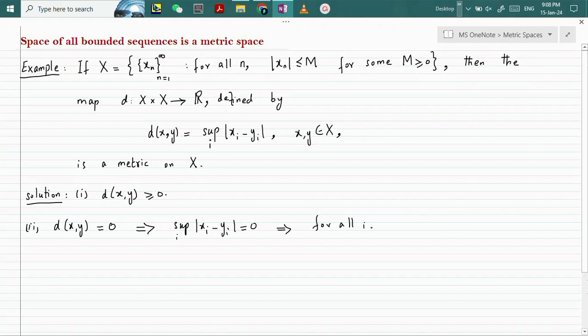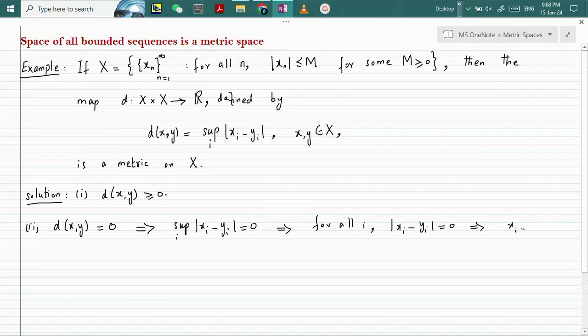Hence for all i, each modulus of xi minus yi is equal to 0. By the definition of modulus, if the mod of x is equal to 0, it means x is equal to 0.